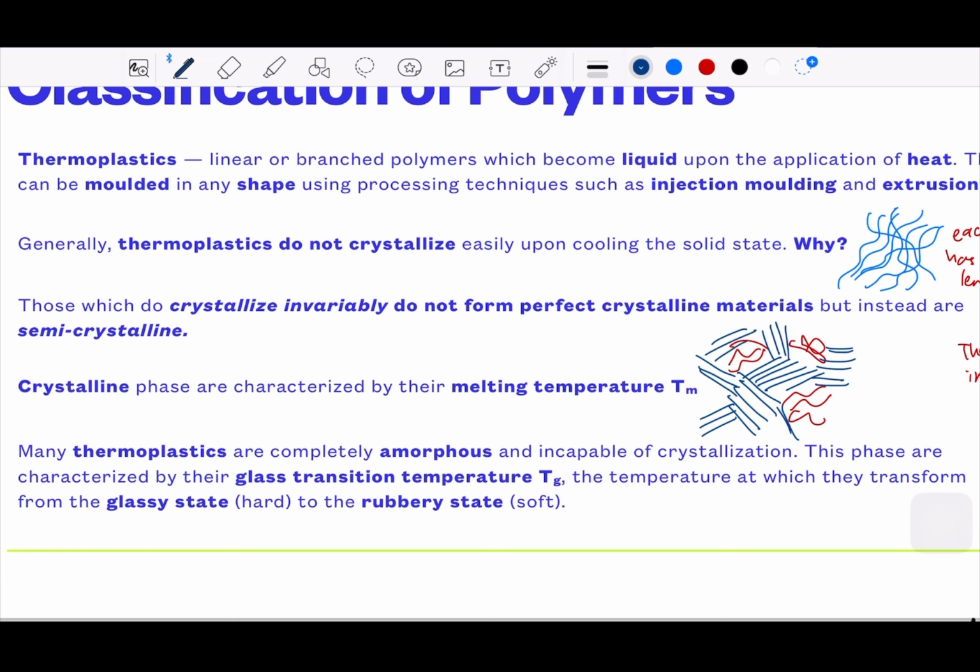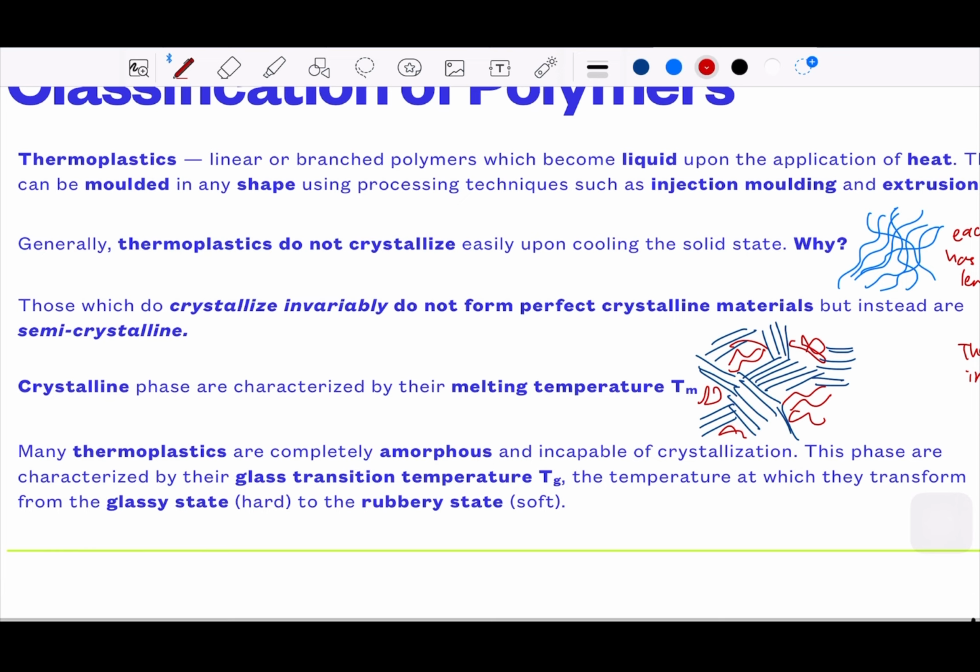Let's say the dark blue here is the crystalline, and this is the amorphous. When we melt the crystalline and it changes its phase, that's what we call melting.